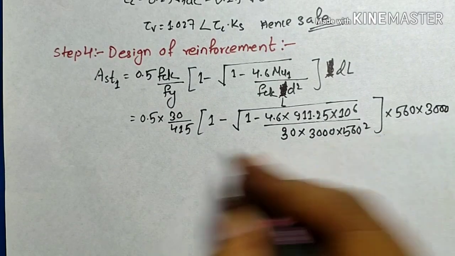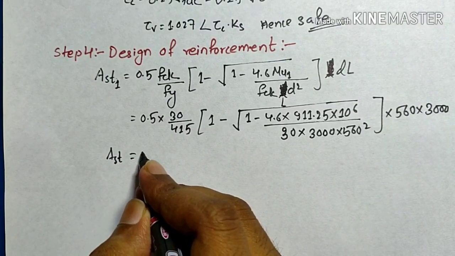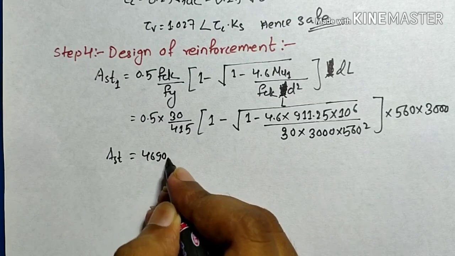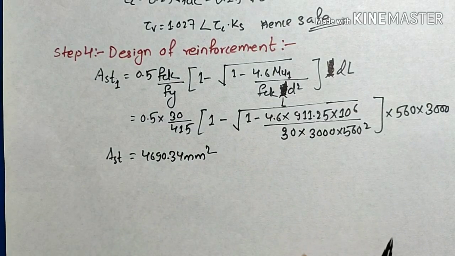On solving this, we will get the value of AST1, which will be equal to 4690.34 millimeter square. And let's provide 20 millimeter dia bar.